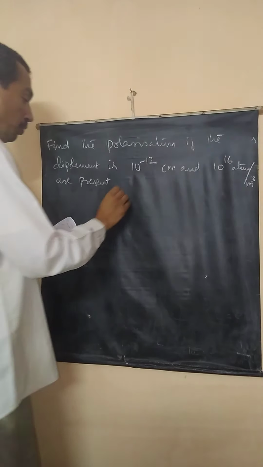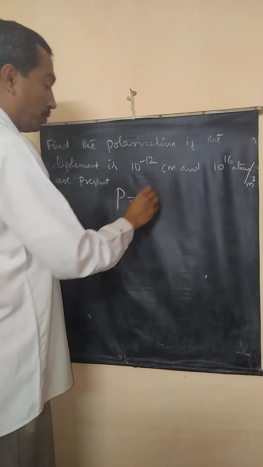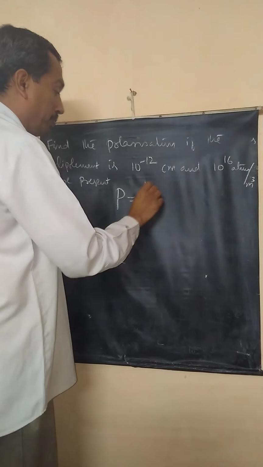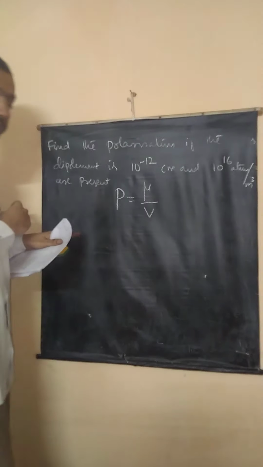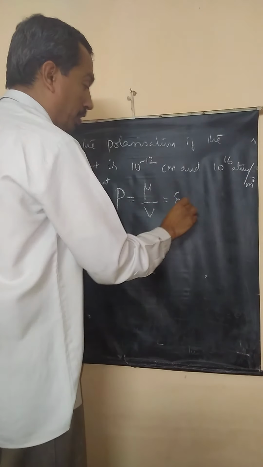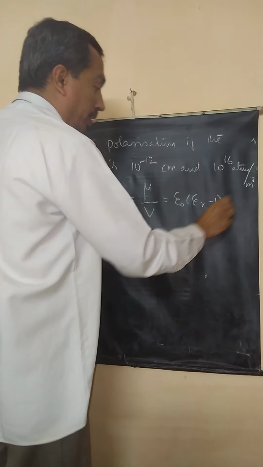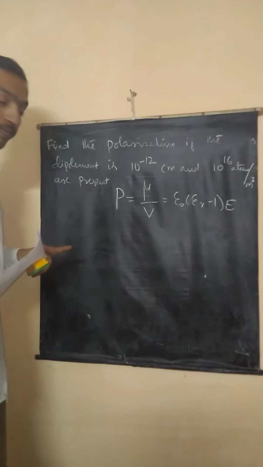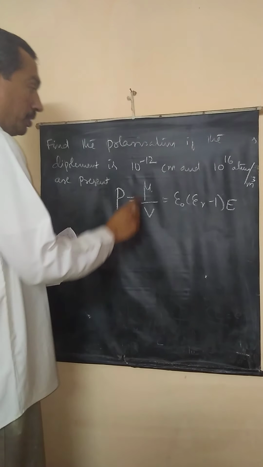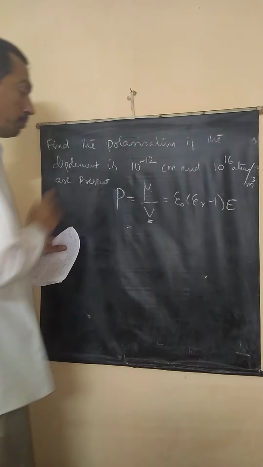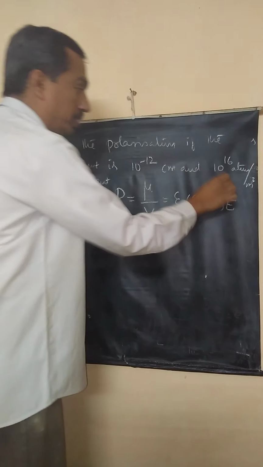Correct? Now you know polarization is equal to dipole moment mu per unit volume. It is also equal to epsilon naught into epsilon r minus 1 into the applied electric field. So now mu is given. What is volume? Per unit volume, 10 power 16 atoms are there.